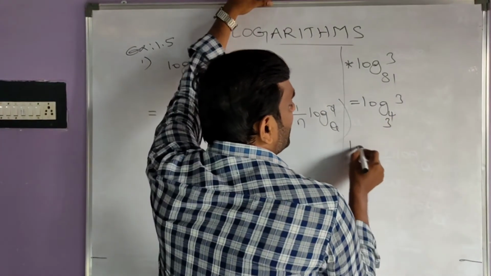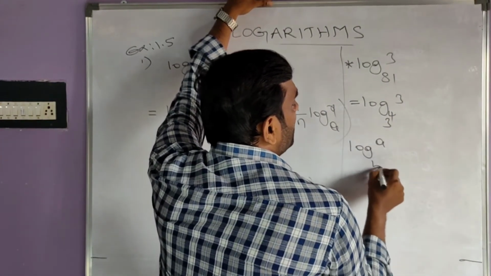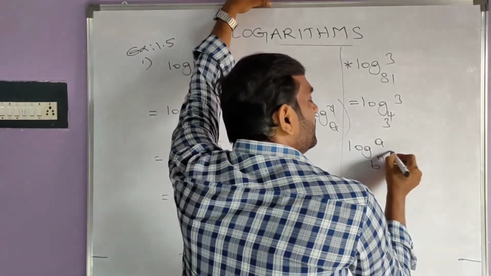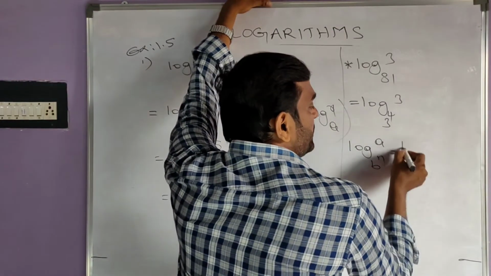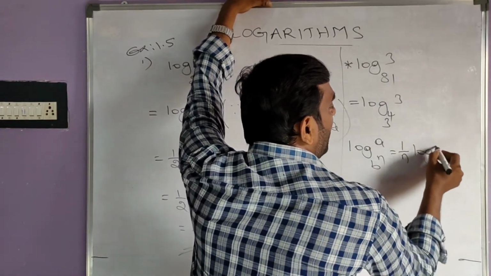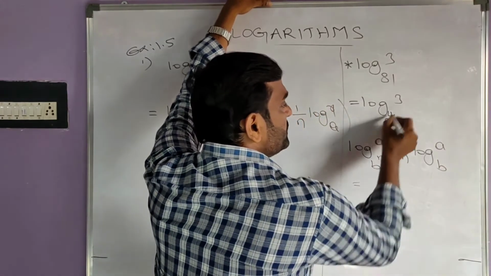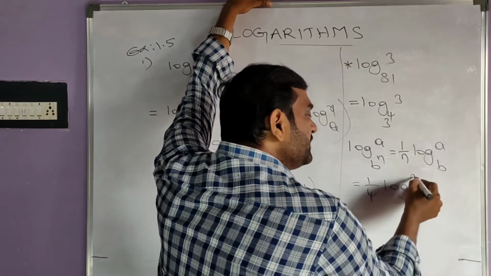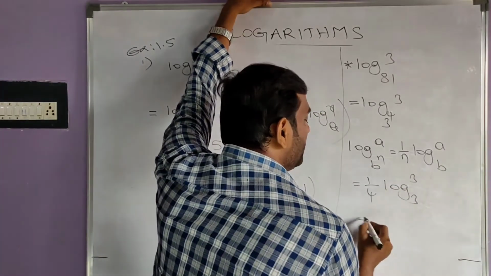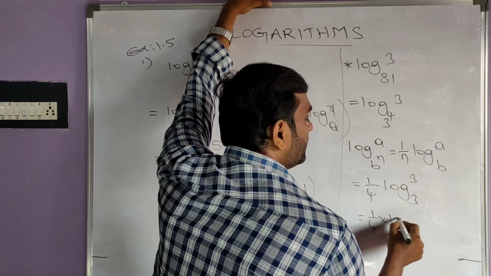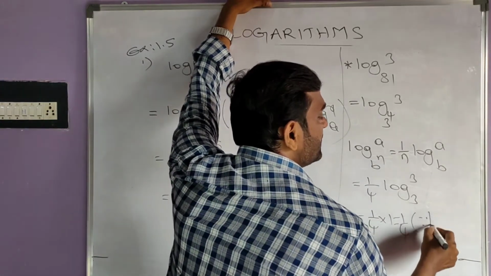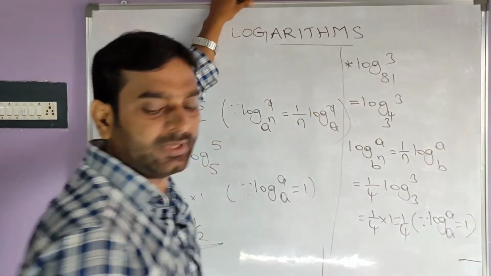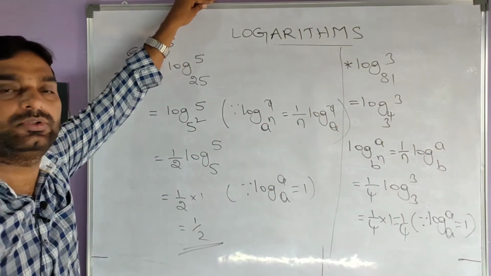It is like log a base b to the power of n, so it can be 1 by n log a base b. So here 1 by 4 log 3 base 3. If these two values are equal, then its value is 1. So 1 by 4 into 1 is 1 by 4. Why? Because log a to the base a equal to 1.